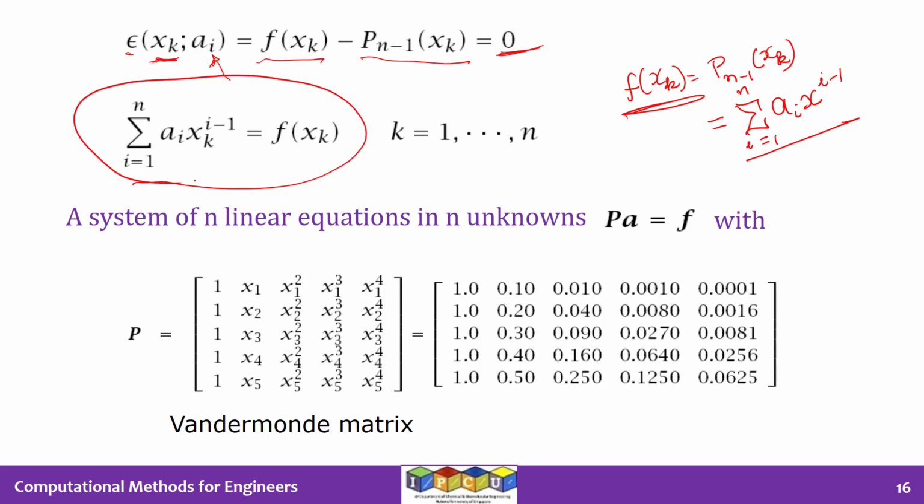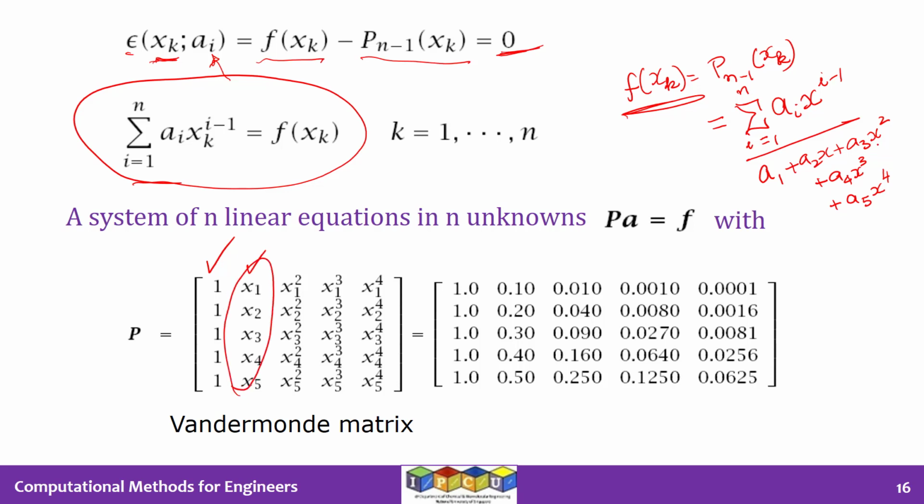Now, we have set up this problem many times in the past. Our polynomial is a1 plus a2 x plus a3 x squared plus a4 x to the power of 3 plus a5 x to the power of 4. This is the quartic polynomial with 5 parameters. So to get a1, we should have a column of 1s. To get a2, you should have a column of x.